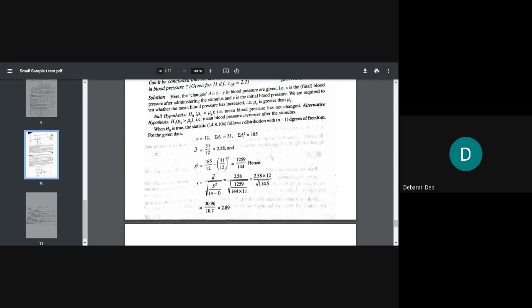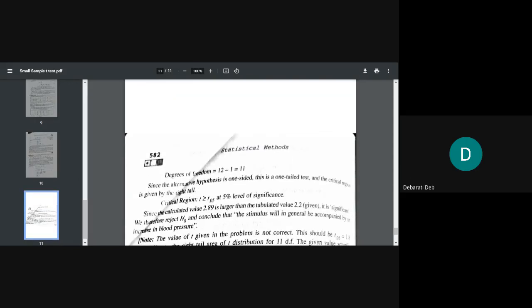We reject the null hypothesis and you will conclude that the stimulus in general will be accompanied by an increase in blood pressure. What does it mean? Since you are rejecting the null hypothesis, you are accepting the alternative hypothesis. That means you are saying that the blood pressure after the dose of the stimulus was more than the blood pressure before the stimulus.